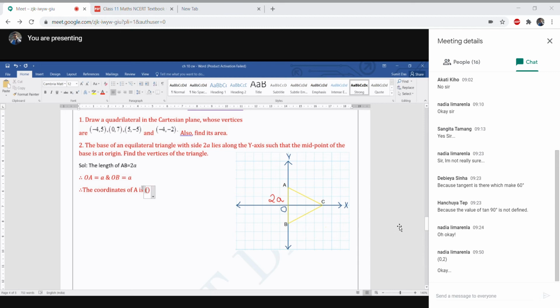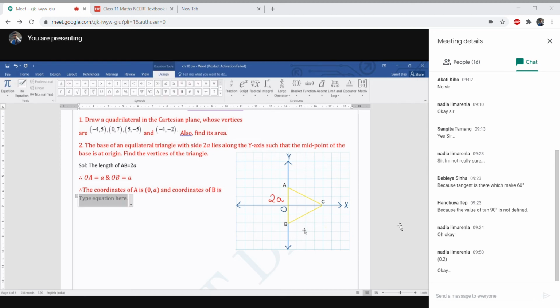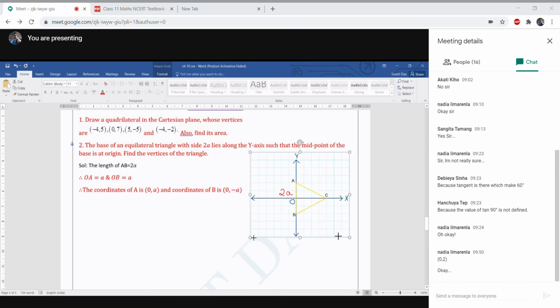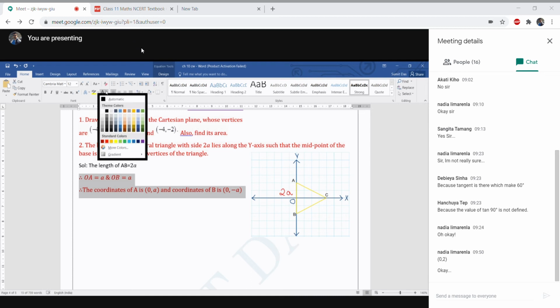The coordinate of A will be 0, a, and the coordinates of B are 0, minus a. I think this question was also in your class 10 book. I don't remember exactly, but I think so. That's okay, fine.